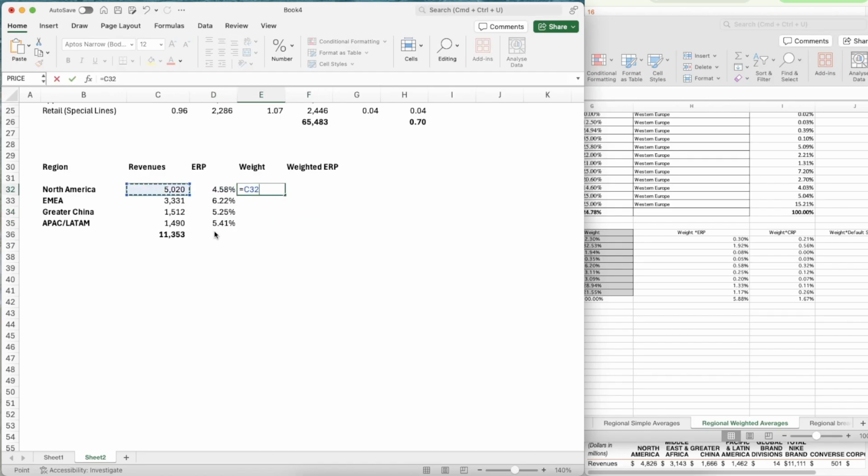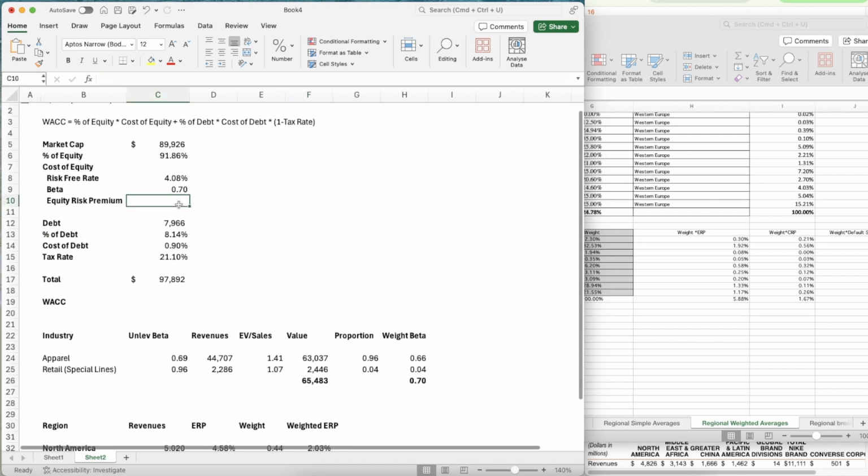So the weight is you just take the revenue divided by the total revenue, but lock total revenue in, so we can just put it down. The weighted ERP is just you take the weight multiplied by the ERP. There we go. Then you just go sum, 5.26%.